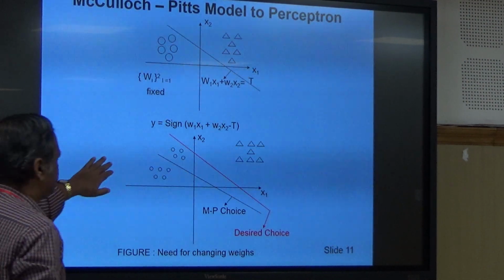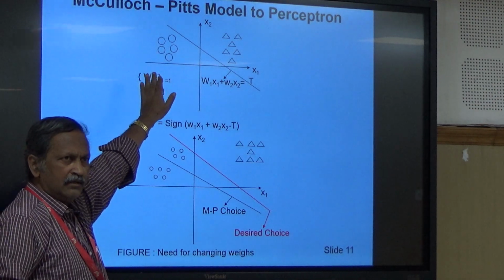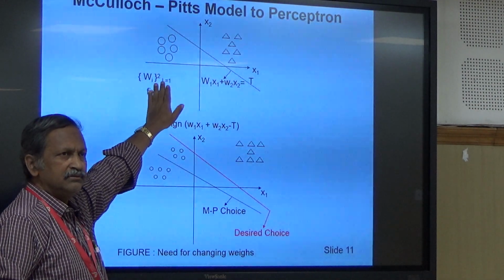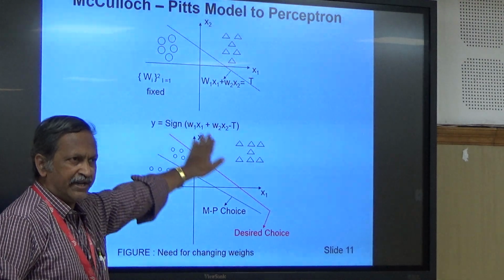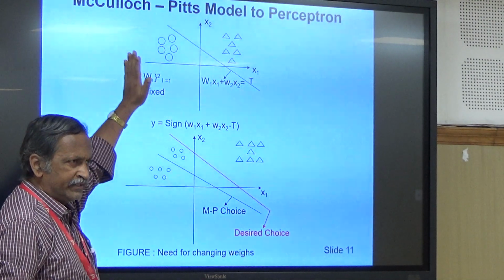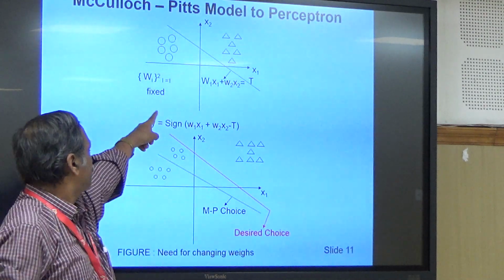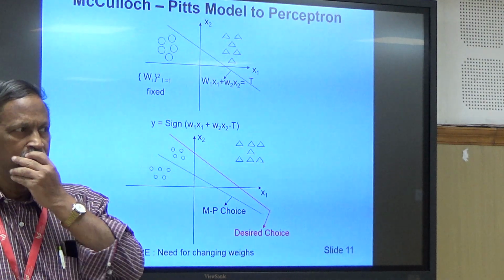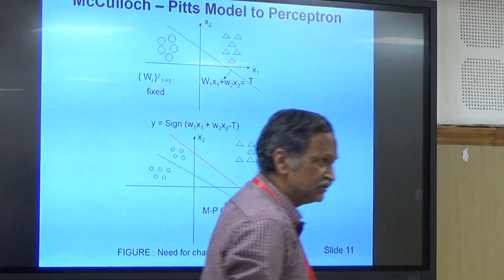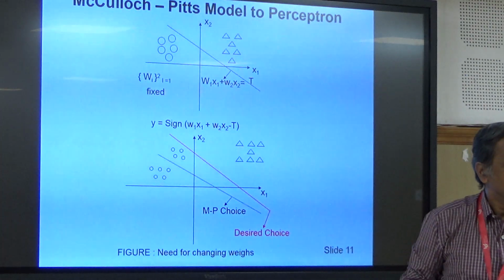So if you look at this diagram, one simple question. Suppose I found one correct line, one correct plane, one correct hyperplane. Is that unique for this problem? The answer is? We can have multiple parallel lines also available.